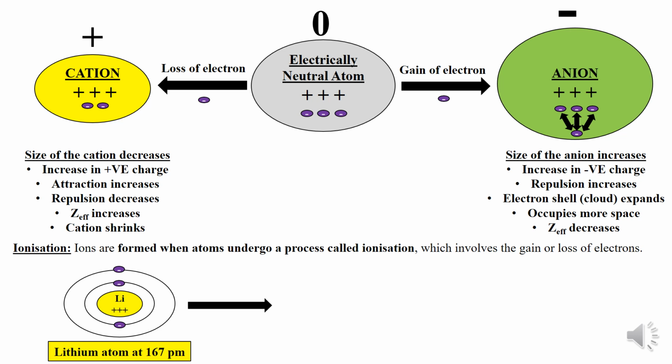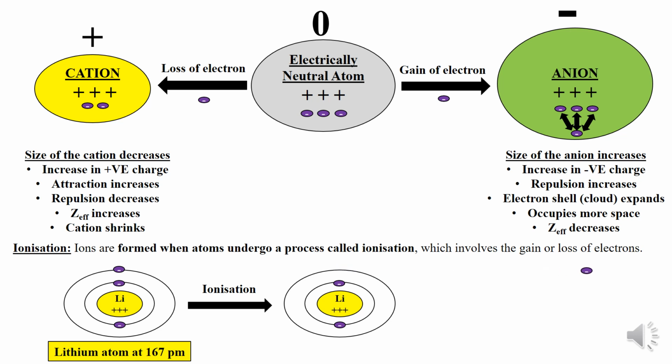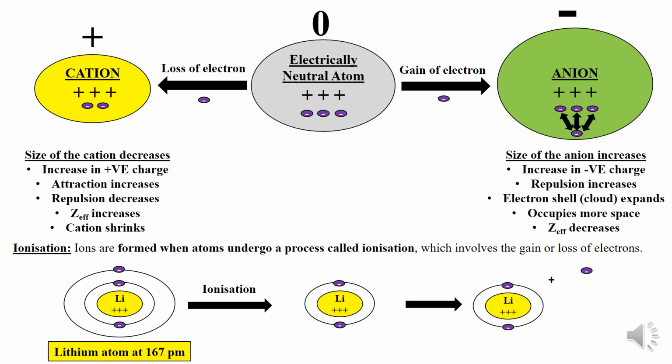When the lithium atom undergoes ionization, it loses its electron in the outermost valence shell, and that leads to the generation of a lithium ion. 520 kilojoules per mole of energy is required to remove this valence electron from the lithium atom.